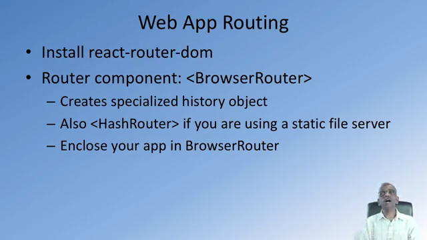If you are using a static file server, then there is a corresponding component called the hash router, which enables you to do navigations to URLs that contain hashes. In our application, we will be using plain URLs without the hash. So that's why I will apply the browser router component in order to provide the navigation among the various views. And this browser router encloses your app.